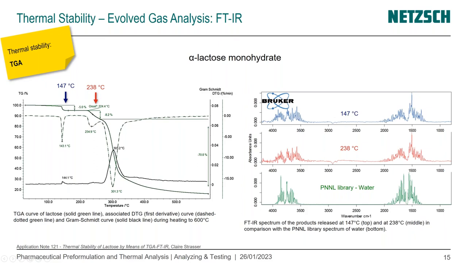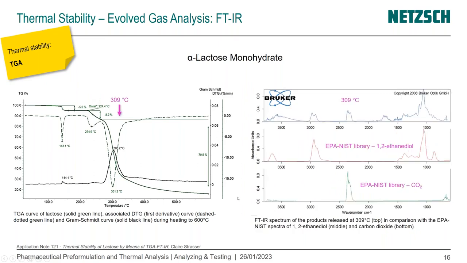And both spectra are similar, and they agree with the water spectrum from the library. It seems that, as suggested before, we do have the crystal water released, but here the first step of the degradation is also the release of water.